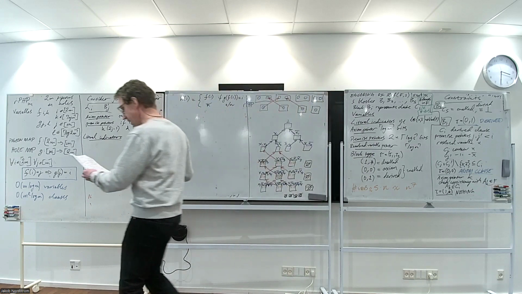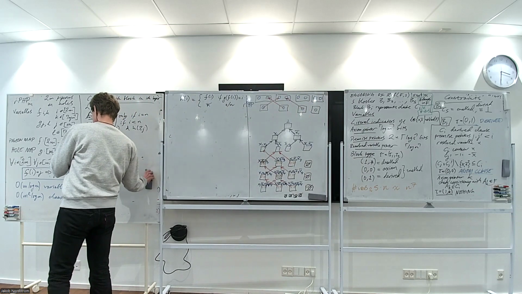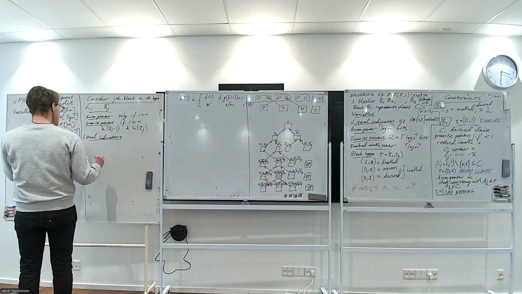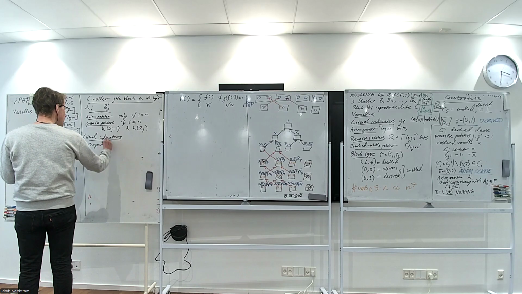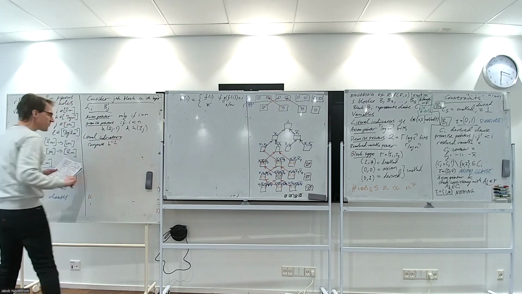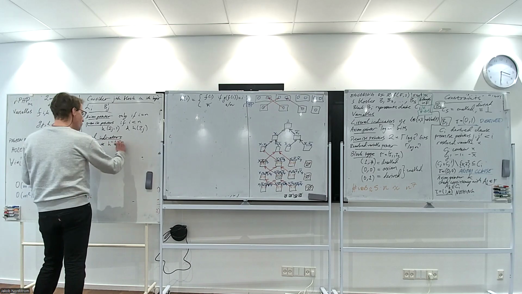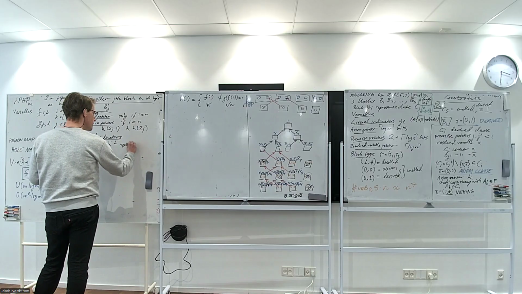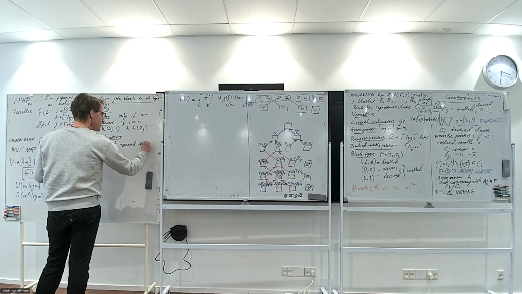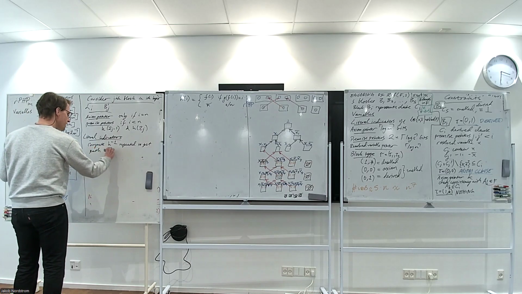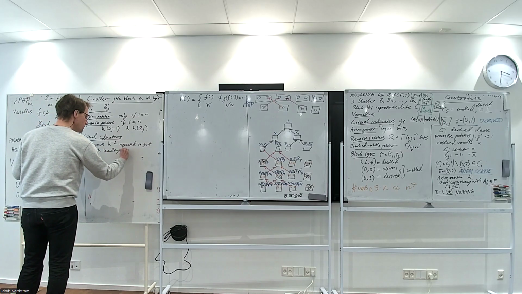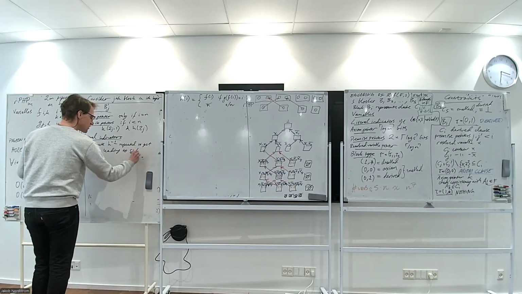So for literal indicators, I'm going to compute the inverse of h repeatedly to get a path leading to some sink.